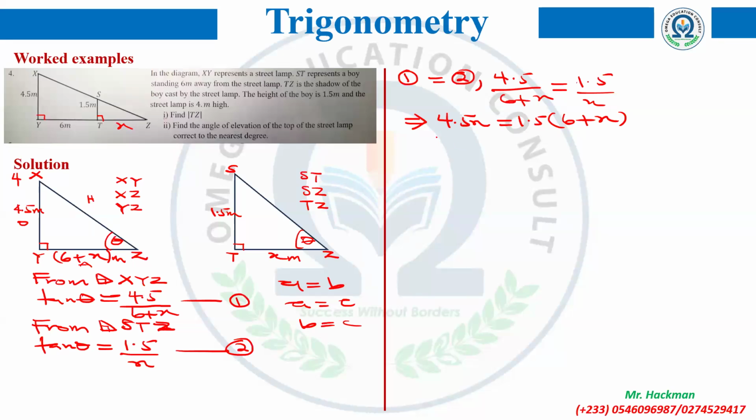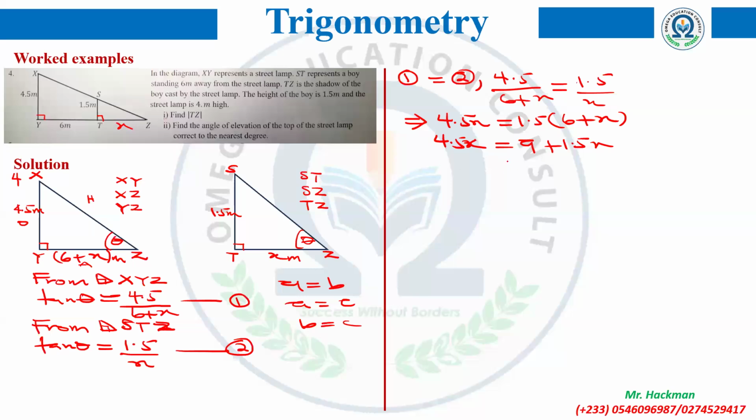So 4.5x will be equal to, now let's multiply this, 1.5 times 6. That is 9, so you get 9, plus 1.5x. Do you agree?